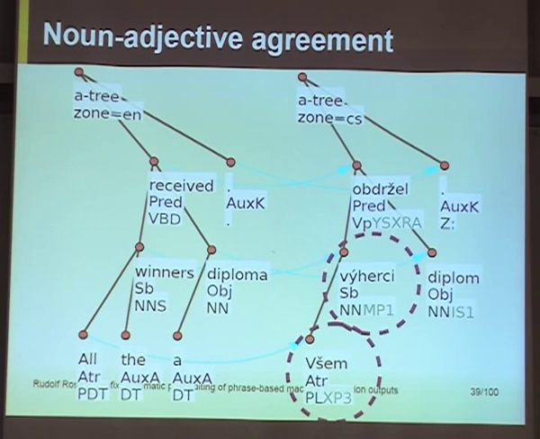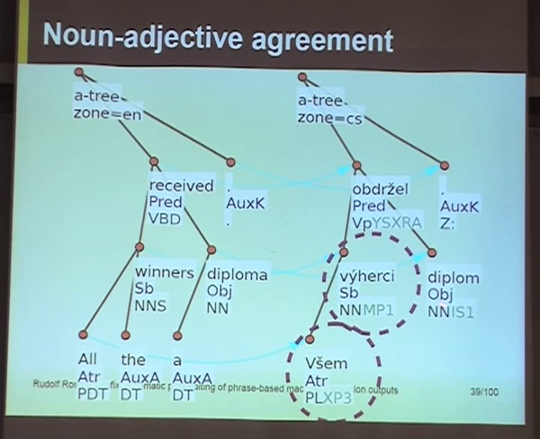Lots more. In Czech there is noun-adjective agreement. So, "všem výherci", it's not correct. It actually was kind of correct before, because the head word was wrong, so this was in agreement, but it didn't help when we changed the head word.